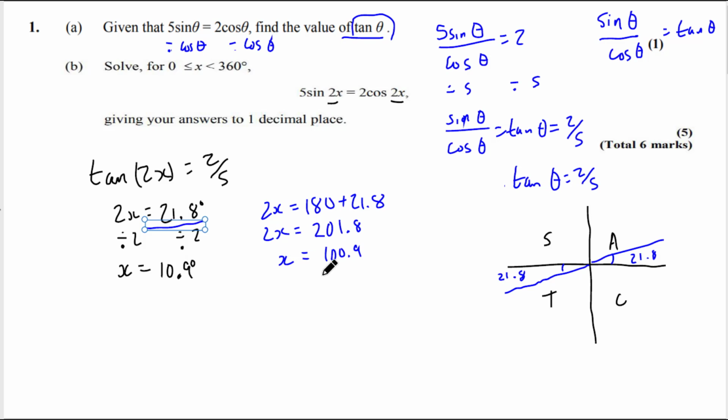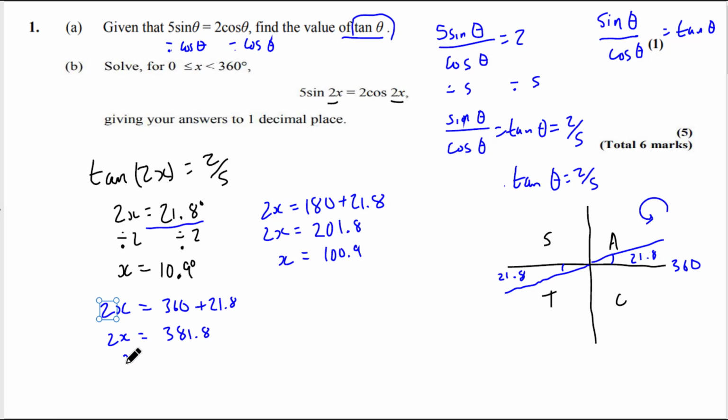Now as you can see, if we go all around this circle and arrive back here to get 360, another solution is 2x equals 360 plus the 21.8 in here, so we get 2x equals 381.8.